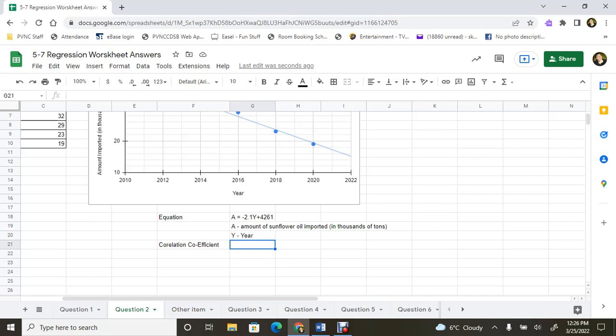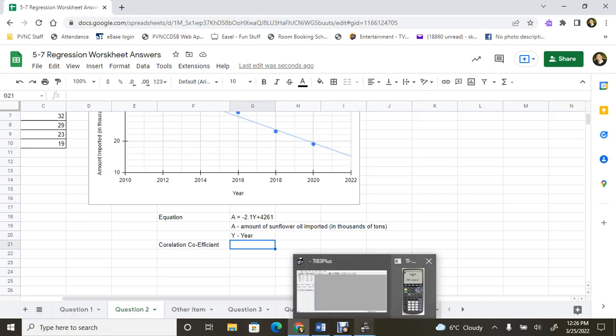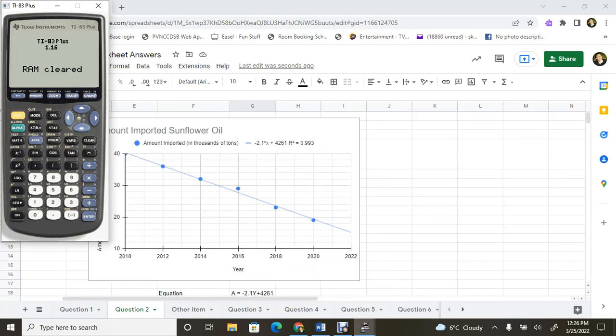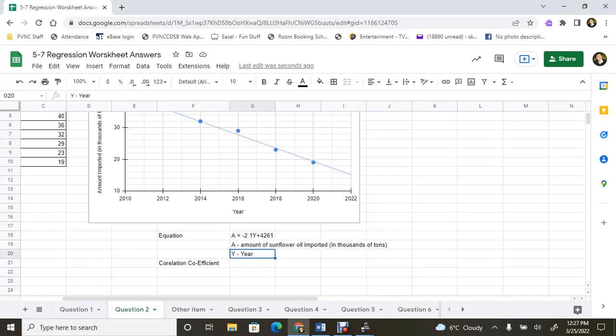Let me just find a calculator here. Okay, so it's the square root of 0.993. So we're going to go second, square root button of 0.993. And I'm going to find our correlation coefficient. 0.996. So R is 0.996.